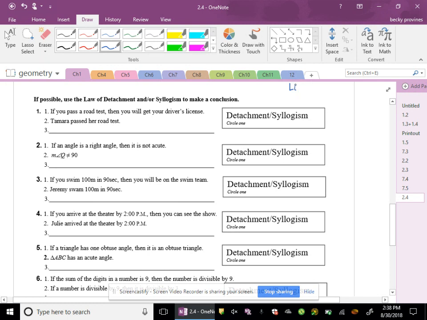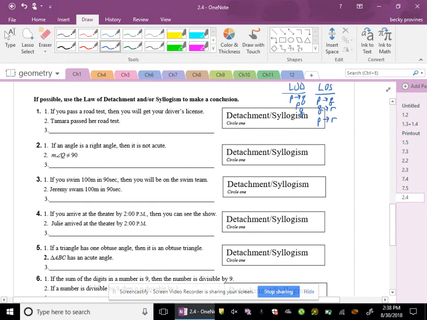Law of Detachment is when we had P, then Q, and then we had the P, and then we talked about the Q. Law of Syllogism is where it repeats itself, gives you a new ending, and then you have the whole new sentence, P, then R.